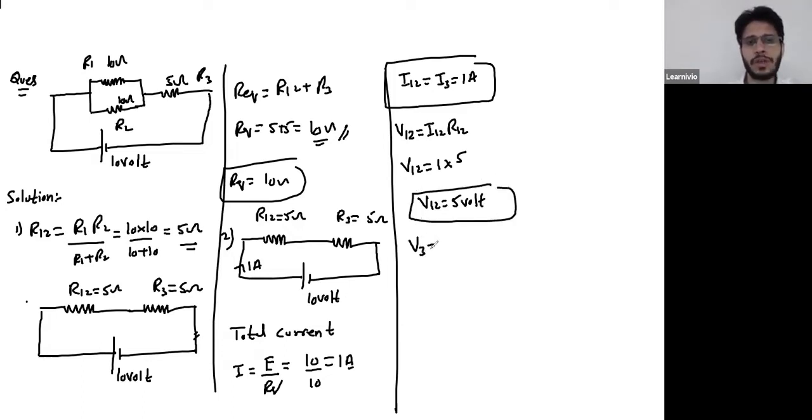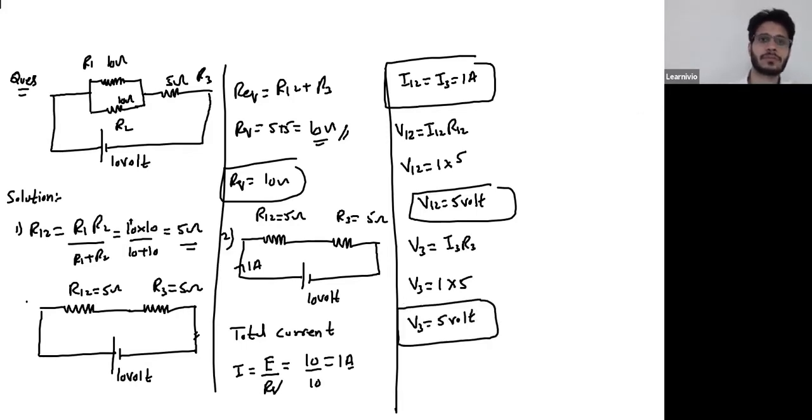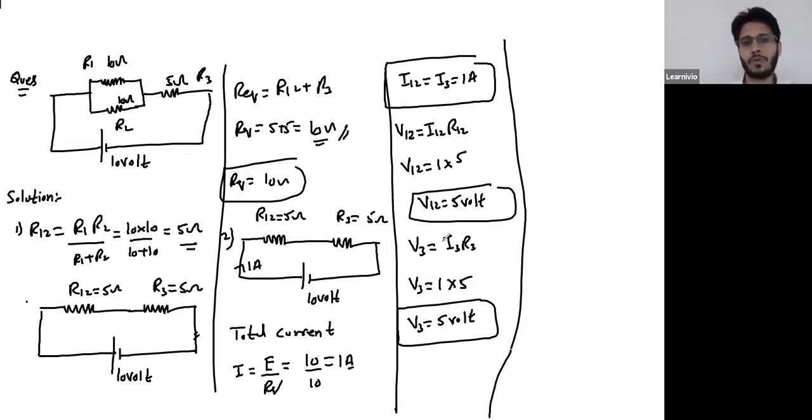Similarly, you can calculate V3. V3 is I3 into R3. I3 is 1, R3 is 5, so your V3 is 5 volt.